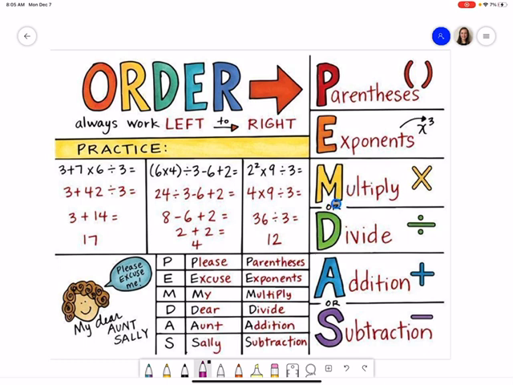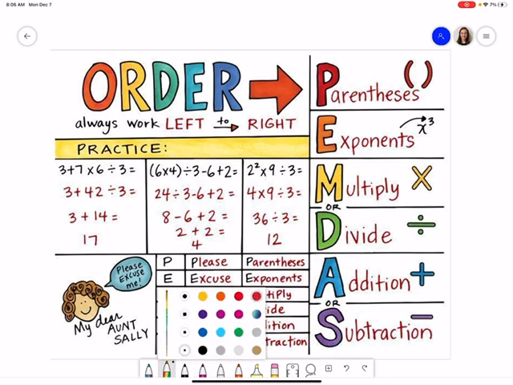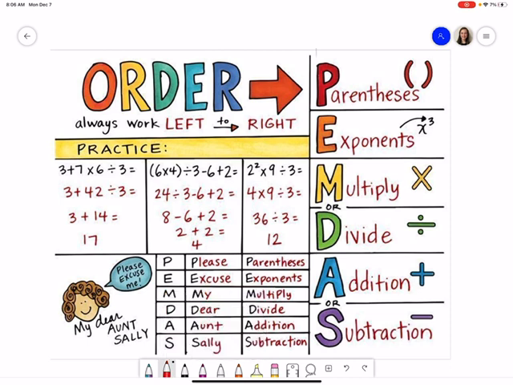Multiply or divide is the same step. And the last step is addition or subtraction. I'm going to clearly mark out step 1, step 2, step 3, and step 4.